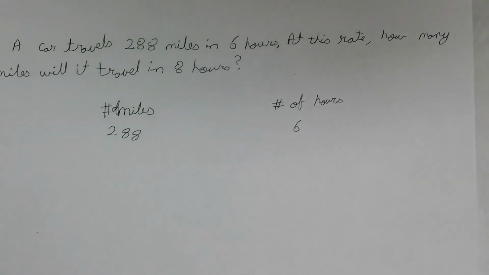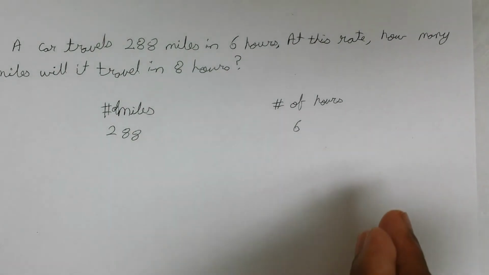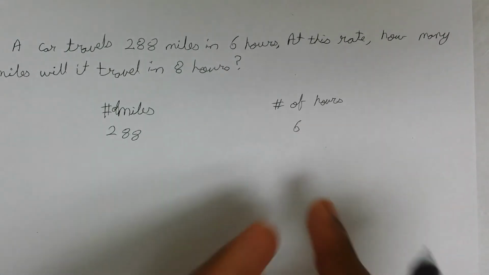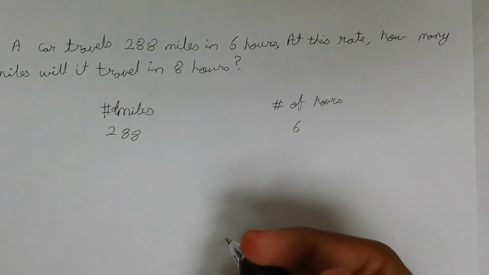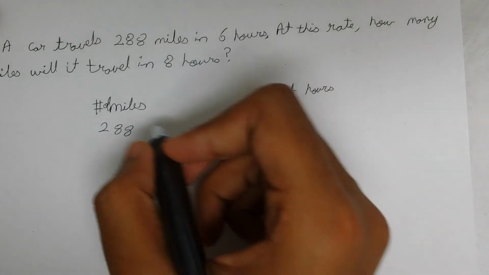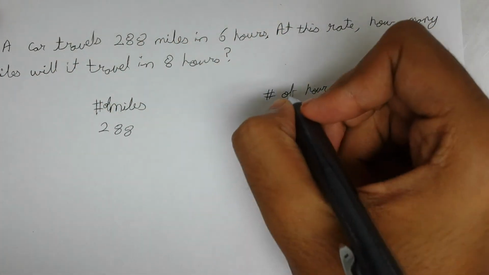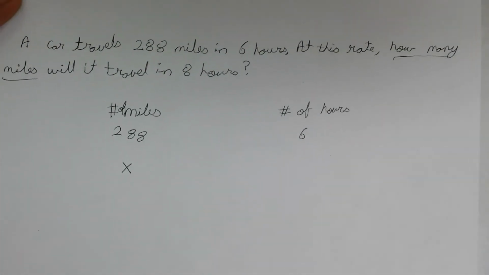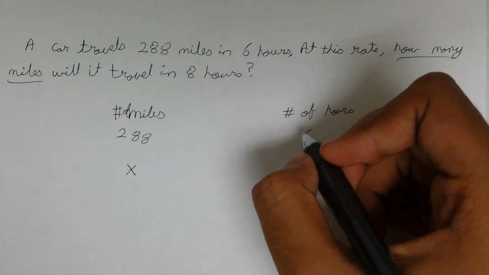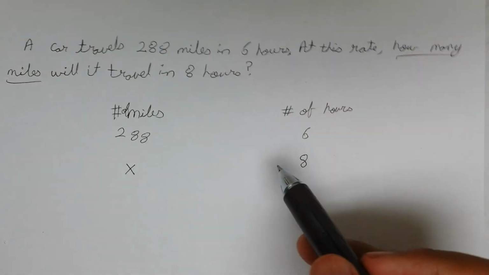You can obviously reduce that to how many miles per 1 hour, but here we're just going to do the essence. At this rate, how many miles will it travel in 8 hours? So we have to find the number of miles. That's going to be x. For here, we put 8 hours because that's how much we're trying to find.